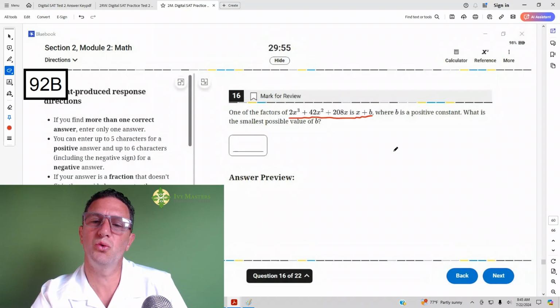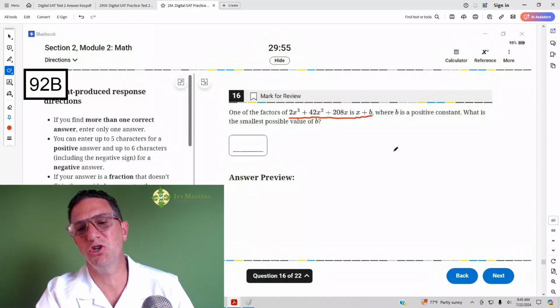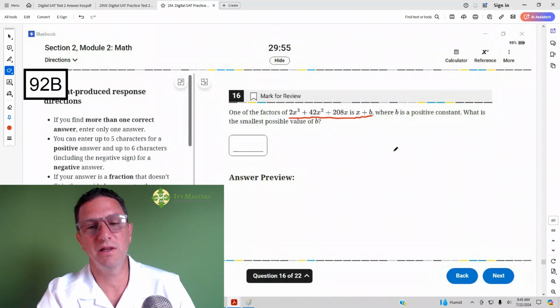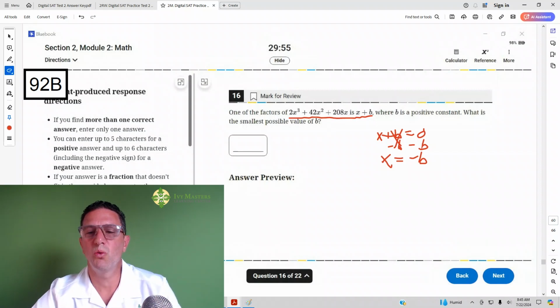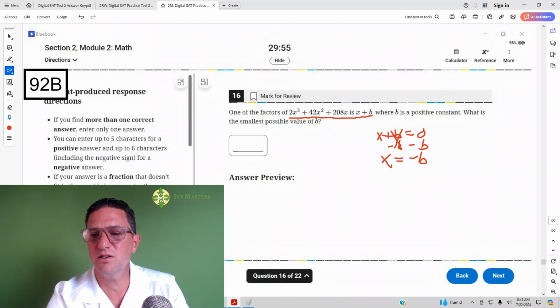Now, what you notice to get the solution from a higher exponent like we see here is your last step would be like this: x plus b equals 0. Then you subtract b from both sides, and you get x equals negative b. So what I'm telling you, this is the solution. Another way to say solution is x-intercept.